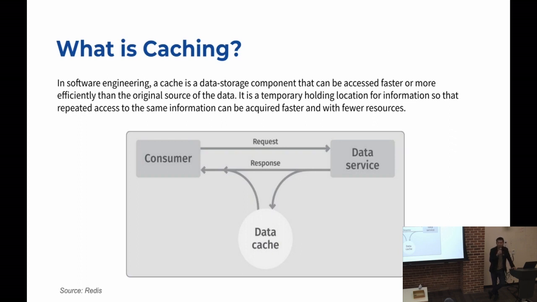When you want to fetch some data from the storage, you check the cache first. If it's in the cache, you get the data with a much faster speed. If it's not there, we fetch the data from the storage. This is the very common pattern for the read path. For the write path, that might be a little bit different, but I will cover that in detail later.